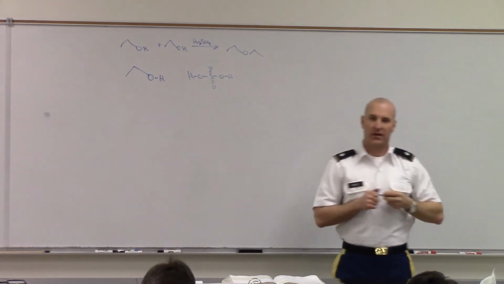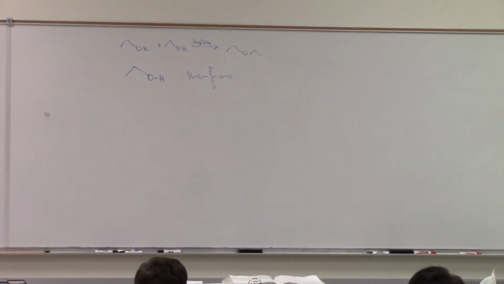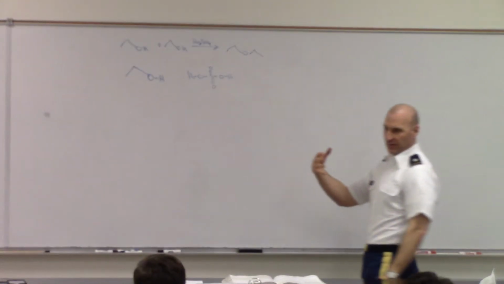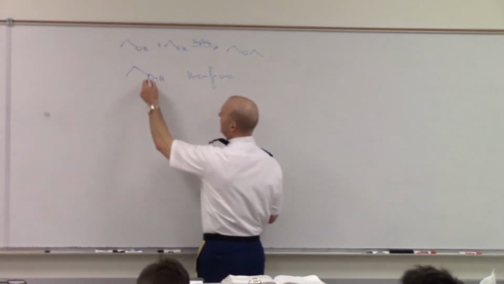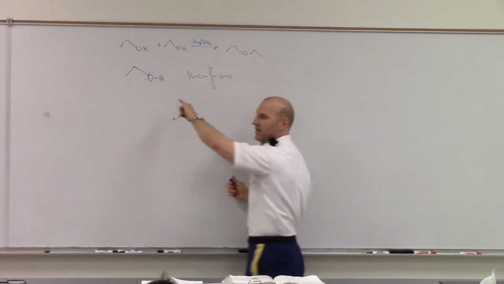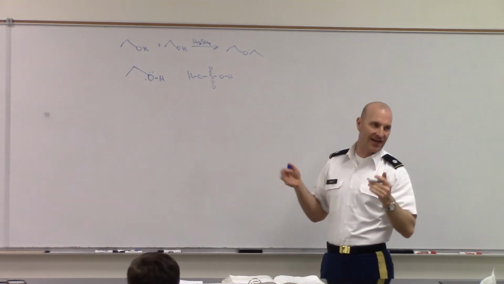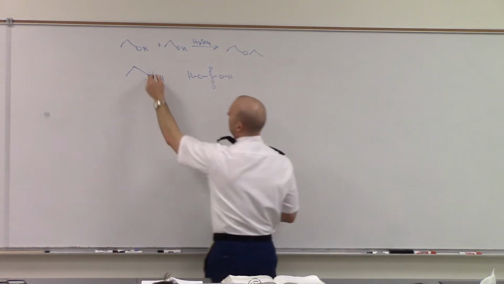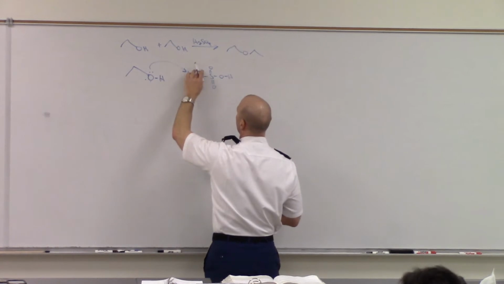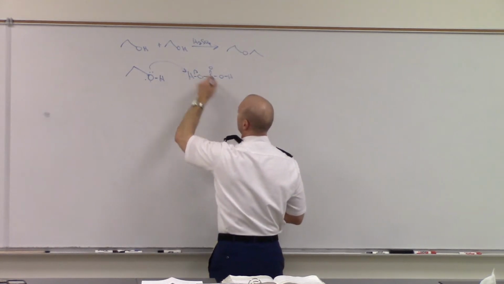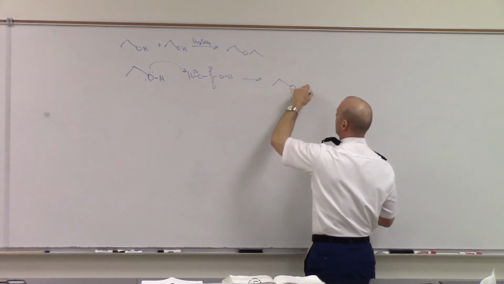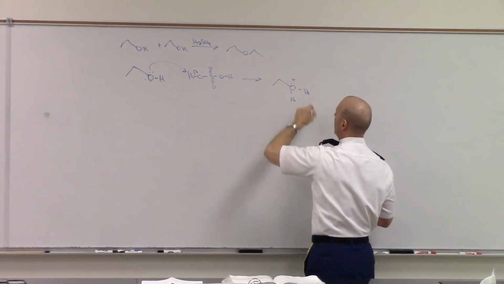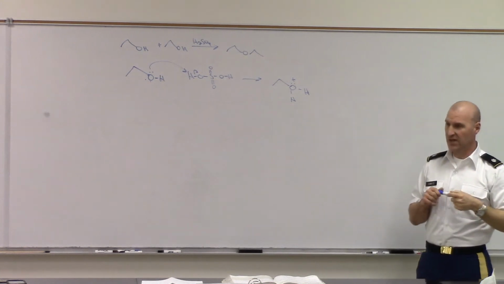All right, so as we've said many, many times, sulfuric acid is a strong acid, which means it's going to do what? Dissociate and give up its proton, or one of its protons. In this case, we're going to have the alcohol act as the base or the nucleophile, going to pull off that hydrogen. And we have a good leaving group now.